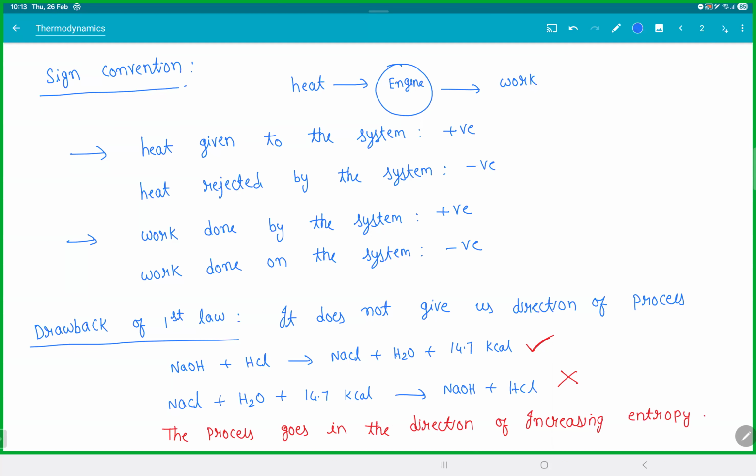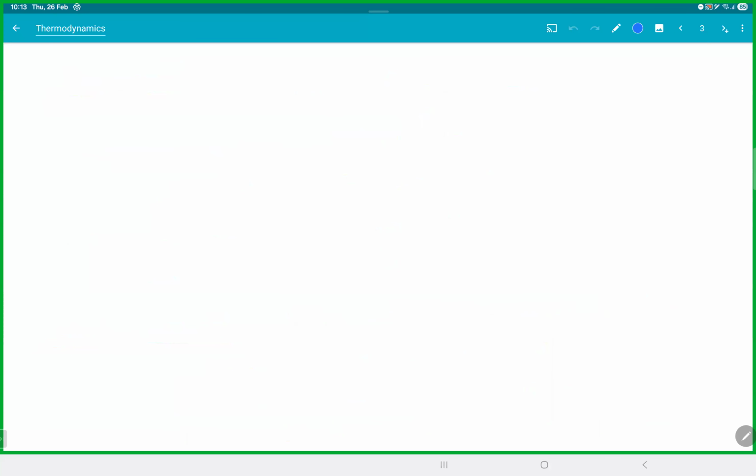Clear with this? So now what we are going to do, we are going to study the three terms properly. The heat, the delta U, and the work. And luckily we have already done all this. So the first thing is the heat. Where did we do this? Calorimetry. Heat is Q. So dQ is m s dT. We use this for liquids and solids, or n C dT, we use this for gases.